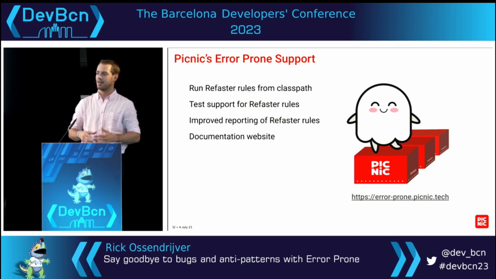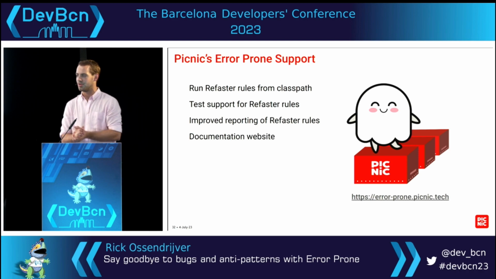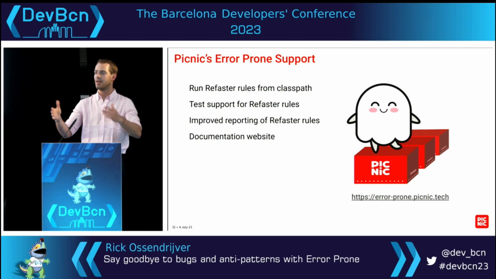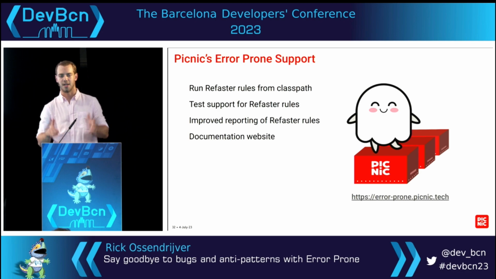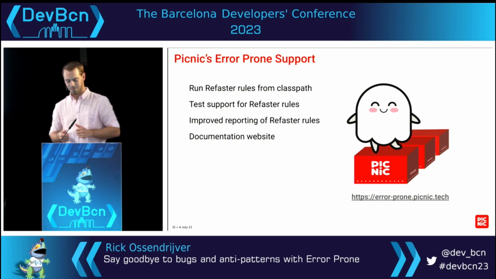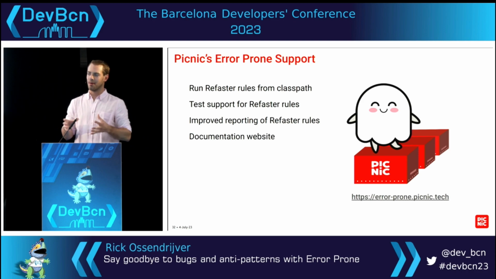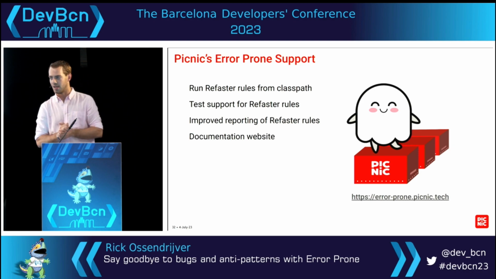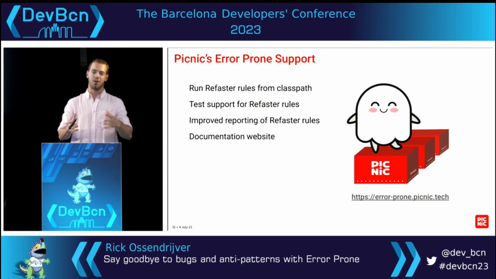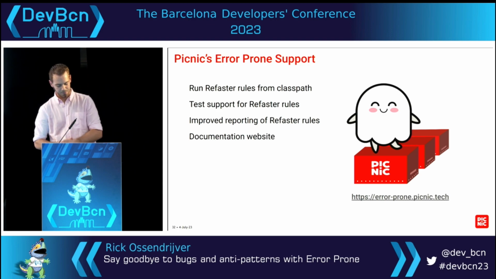So we created a test support module that allows us to easily verify via input and output that they're actually rewriting correctly. And during the demo, we saw that the Refaster rule also showed something in the terminal. It flagged a violation. Well, that is not officially supported by Error Prone. That's a feature of Error Prone Support.